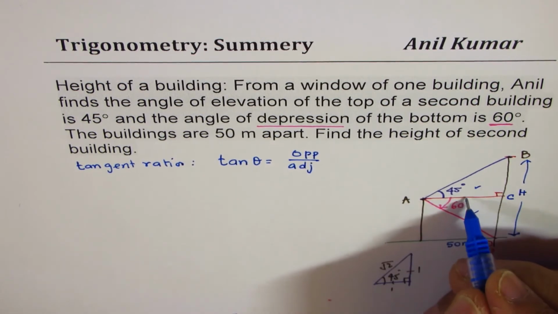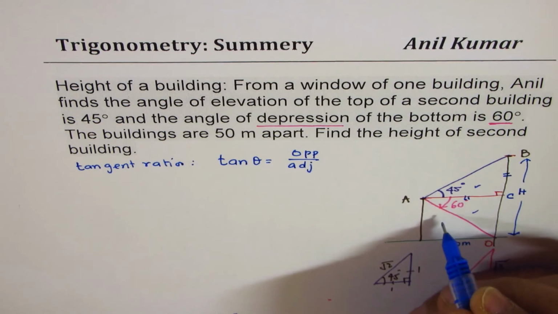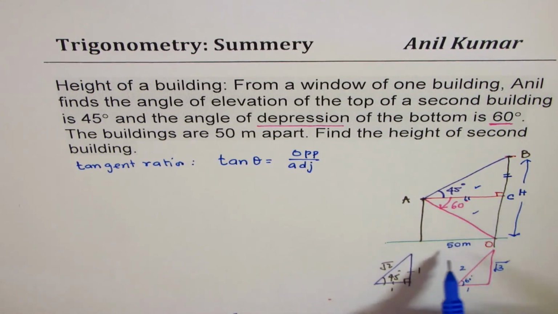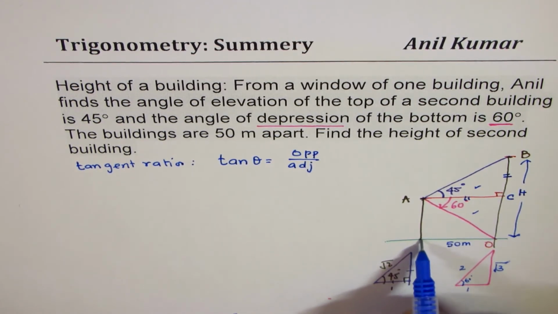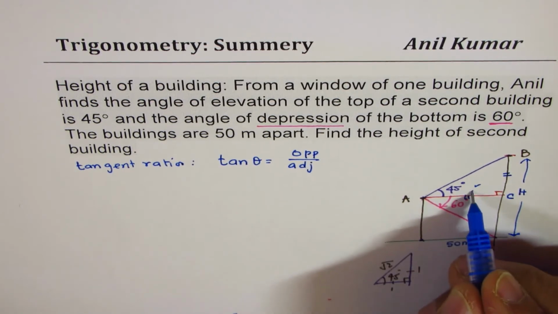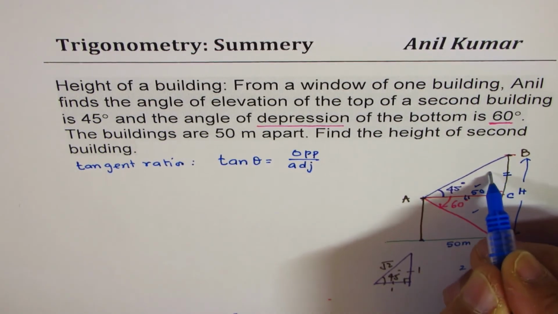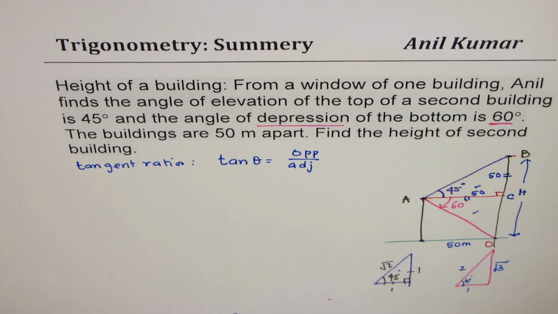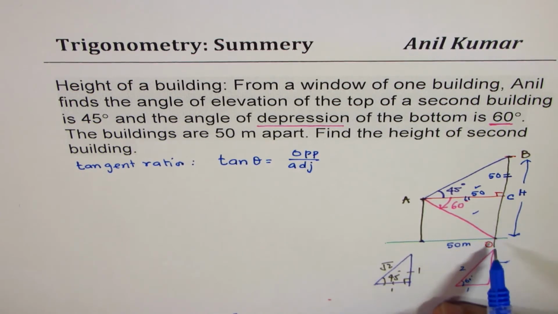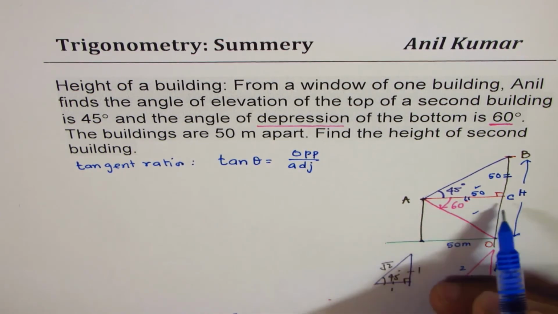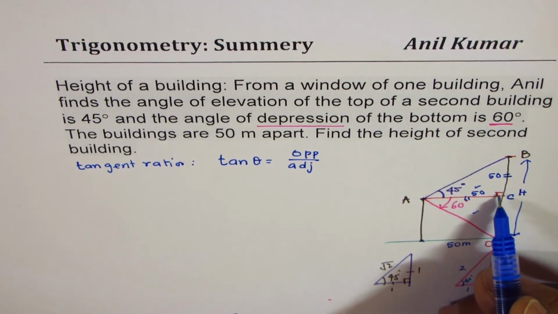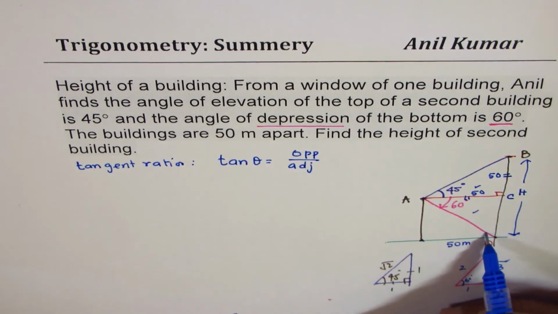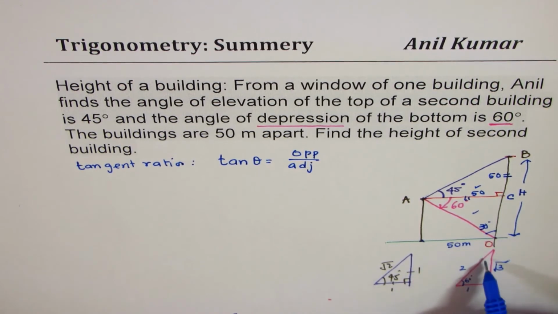So 45 degrees really means that these two sides are equal. A to C is 50, correct? Since that is the distance between the two buildings, this is 50. So that side should also be 50 meters. Now if you look into the other triangle, we have 30, 60, 90, correct? If this is 90 and 60, that has to be 30. The ratio is 1, 2 and square root 3.